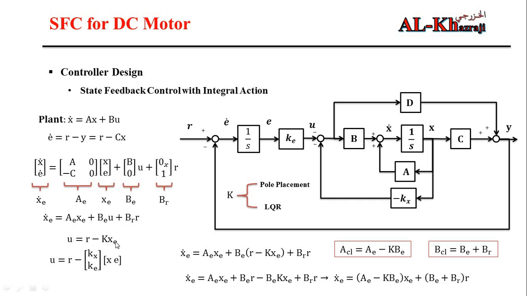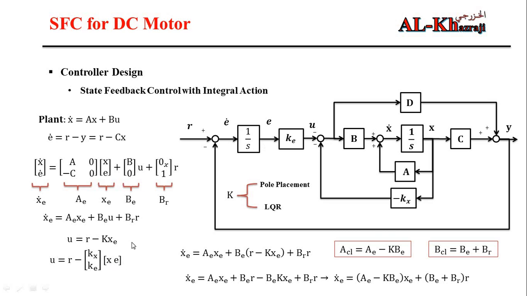Now again, we will select the control law as R minus K, which is the feedback. This K has 2 states for X and 1 state for E, so we have 3 states now. So Kx has 2 states and Ke has 1 state, multiplied by the new state of our system. This is the current and the rotational speed, and this is the new E that comes from the integral action.